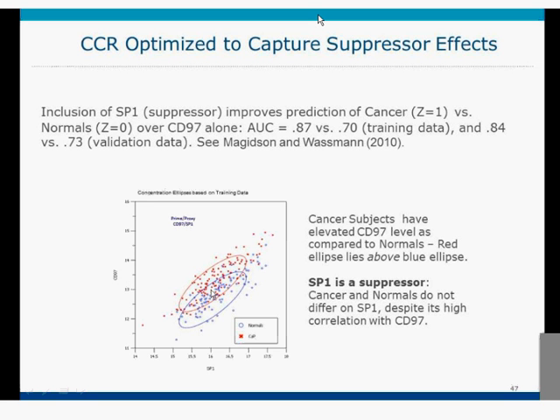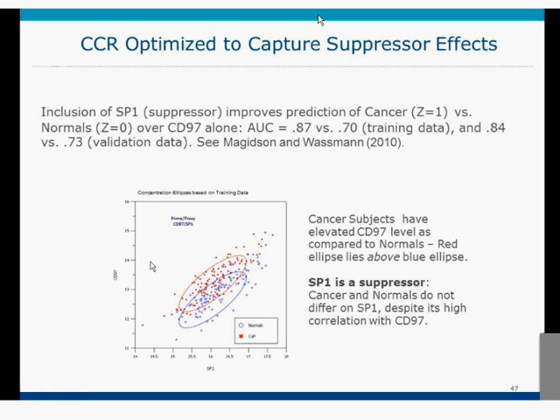And the difference between the blues and the red are men with prostate cancer, and the blue are normals. And what you can see graphically here is that CD97 differs for cancer patients and normals.